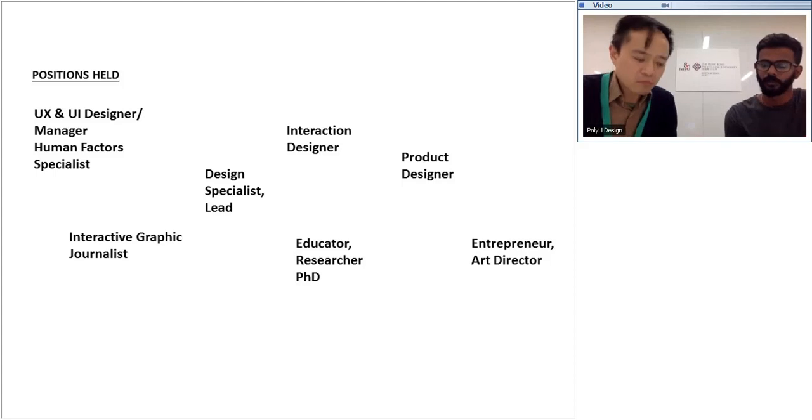So if you have a background in a non-design area like software engineering, first of all, select a work or a project that you think is most relevant to interaction design. And then try to describe the project in a clear and articulate way.